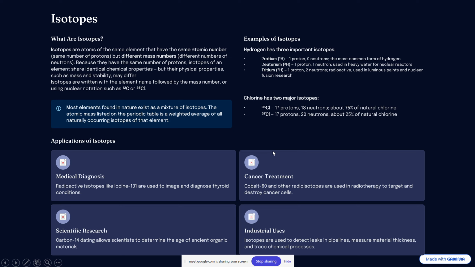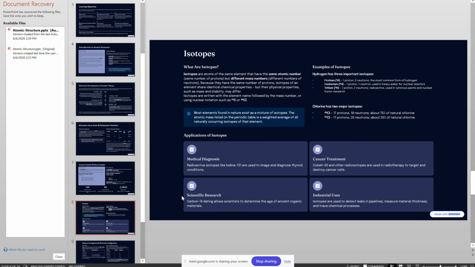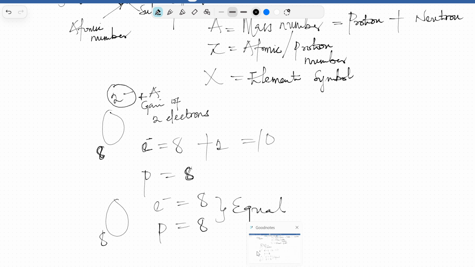Isotopes are also one of the things that negate Dalton's atomic theory. Remember the statement that I said, atoms of the same elements are alike in every aspect. Where is that statement?